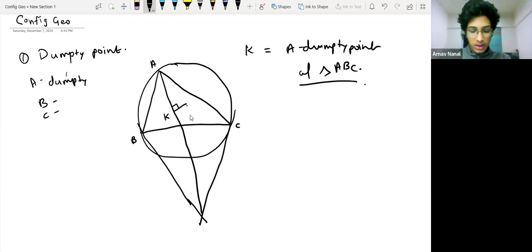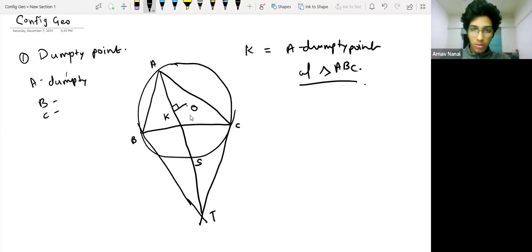Okay, so this is the definition of K: you take the AC median and draw the perpendicular from the circumcenter. So we just name these points S and T. So based on this, this is a point on the C median, as you can obviously see.